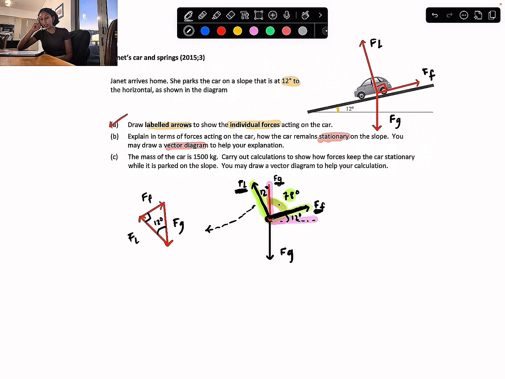Right, you're going to see how that's going to save us trouble later on, but let's continue answering the rest of B. So we have to explain why this car is stationary.